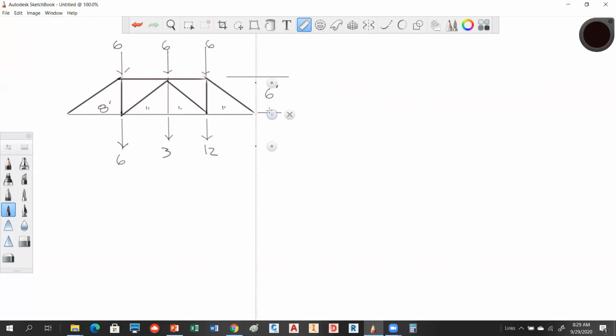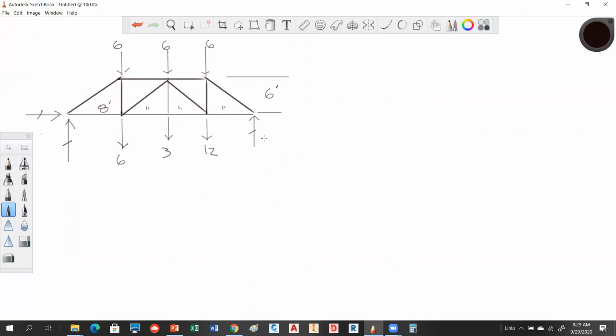So we're going to model that here. My pin's over here. Okay, so we have reaction, which is unknown at this point, and reaction.